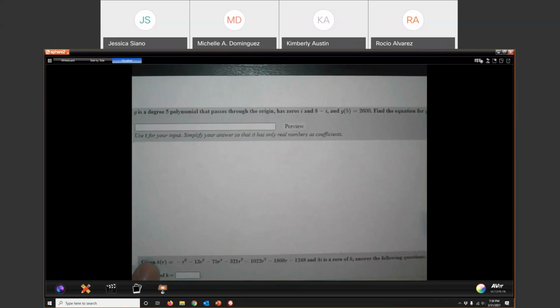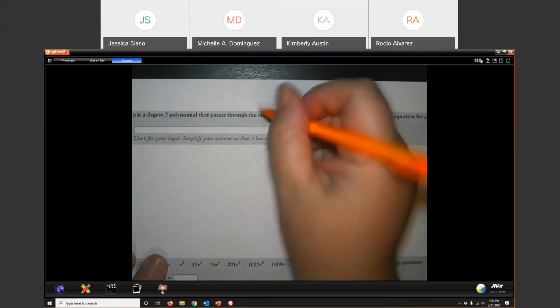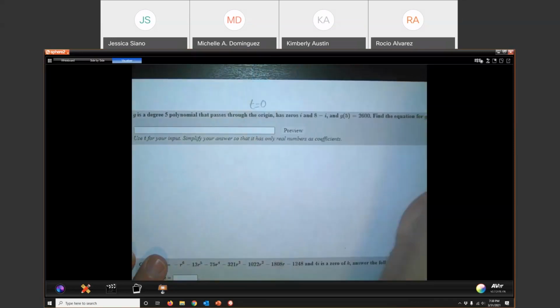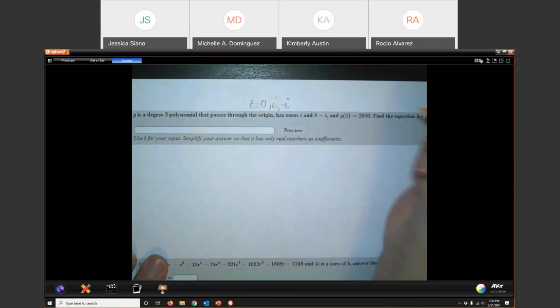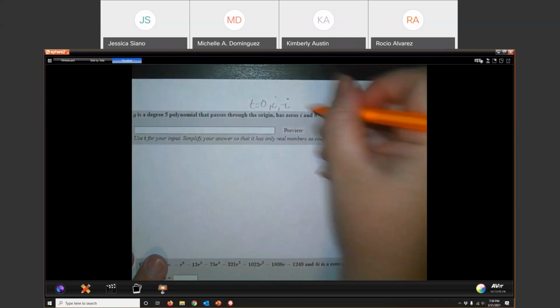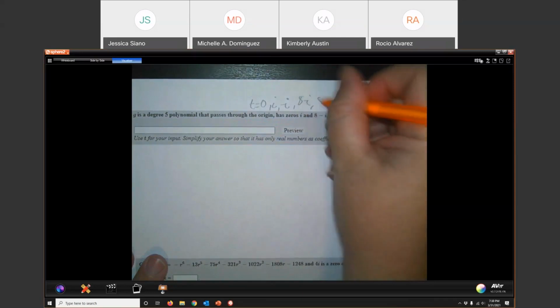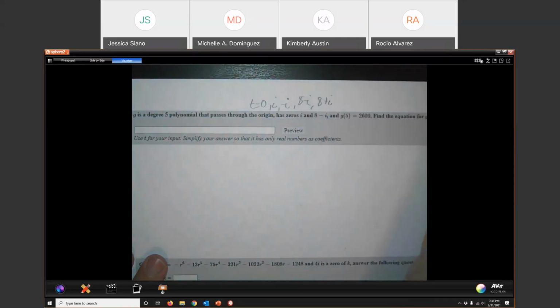We have a polynomial of degree 5 that passes through the origin, which means t equals 0, and has roots at i, which means also at negative i, and at 8 minus i, which means also at 8 plus i. And they gave us one point. So first, let's make factors.